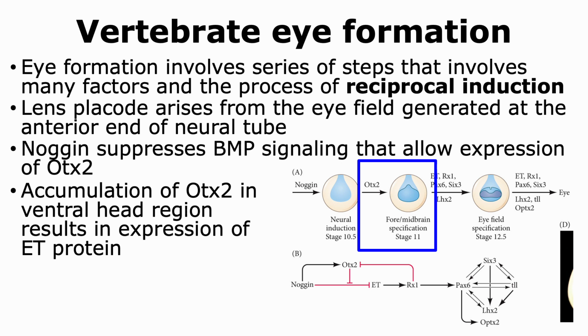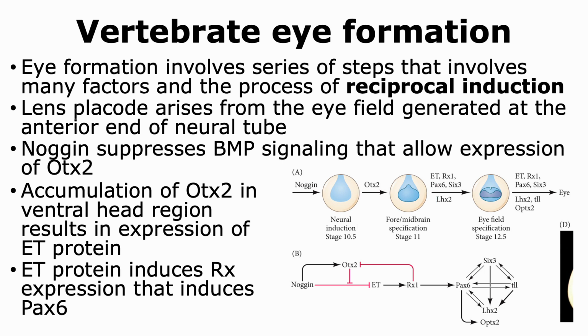results in the expression of a protein called the ET protein. The ET protein induces the expression of a homeobox protein called Rx. Rx, in turn, induces the expression of PAX6. PAX6 is the same protein that we saw when we looked at the otic placode formation.